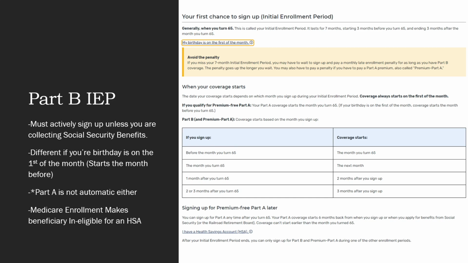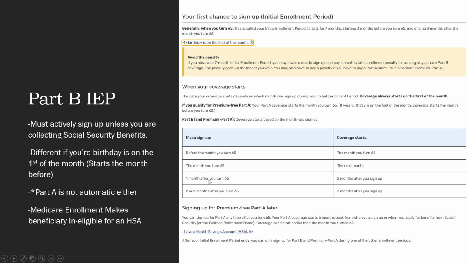Again, some of the weird things is if you sign up for Part B during your IEP and you do it after you're 65, you've got those 3 months to sign up. If you do it after you turn 65, your coverage actually starts 3 months after that. And if you do it 1 month after you turn 65, your coverage starts 2 months after you sign up.